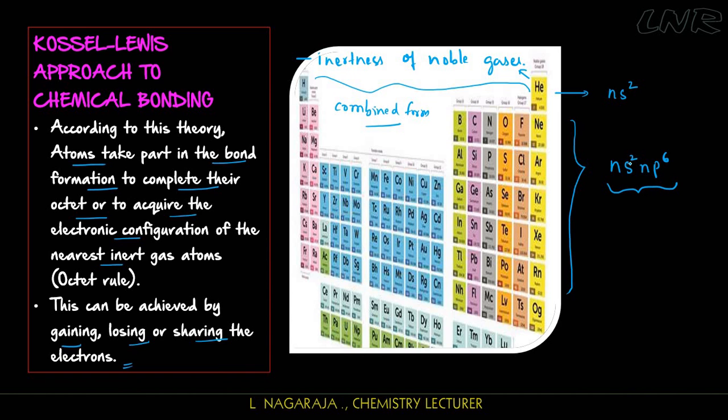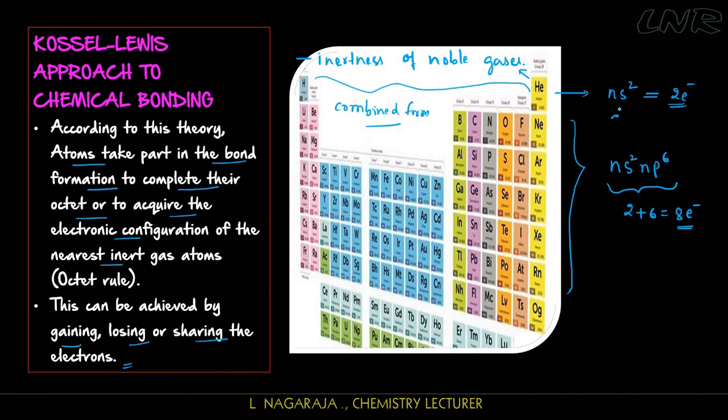That is, the outermost orbital, the valence shell, contains 2 plus 6, equal to 8 electrons. Except helium, which has only 2 electrons in the outermost orbital.